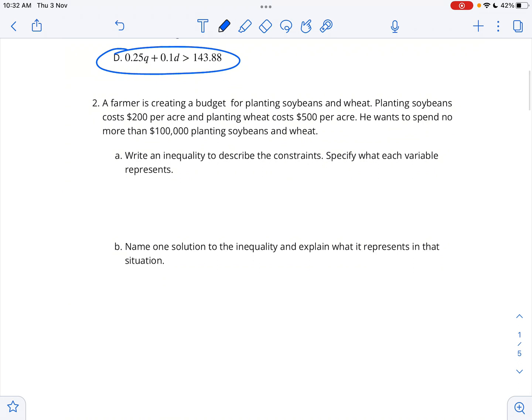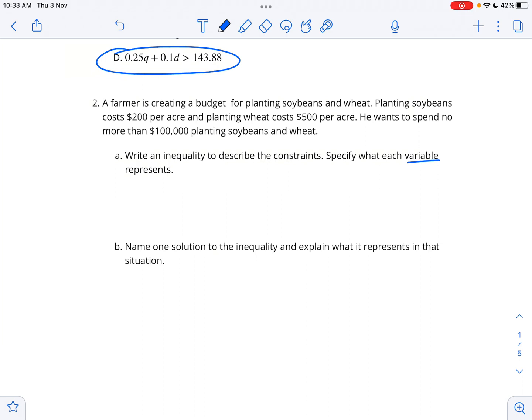Question 2. A farmer is creating a budget for planting soybeans and wheat. Planting soybeans costs $200 per acre and planting wheat costs $500 per acre. He wants to spend no more than $100,000 planting soybeans and wheat. So first of all, we have to specify what the variables represent.